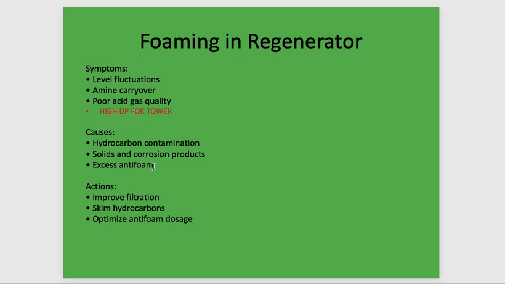Instead of inhibiting foaming, it will promote foaming on the surface of the tray. So you have to be careful when you use the anti-foam injection. How to solve this problem? Improve the filtration, skim the hydrocarbon, and optimize the anti-foam injection.